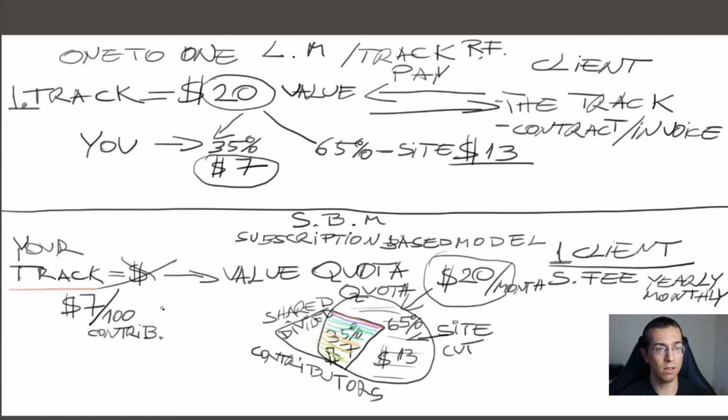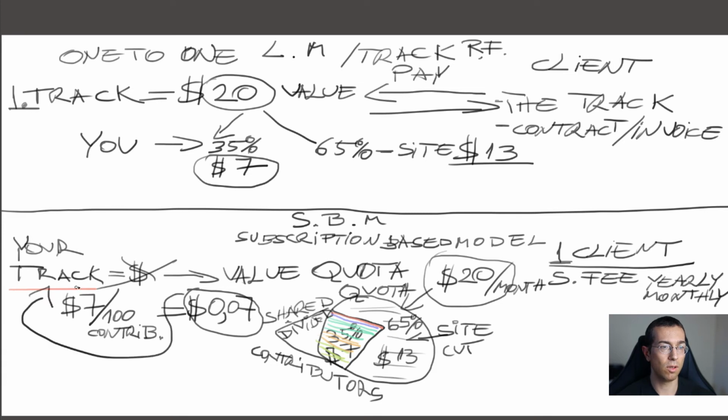So that means that each contributor will receive $0.07. So this is the value of your track and the track of the other contributors whose track was downloaded by this client.